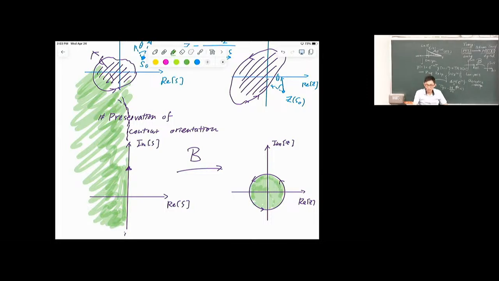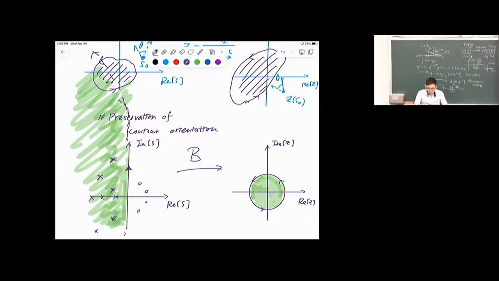So that means that if your analog system originally has poles and is stable, so all the poles are located on the left-hand side, the zeros might be on the right-hand side, that's okay, but the poles are on the left-hand side, okay?